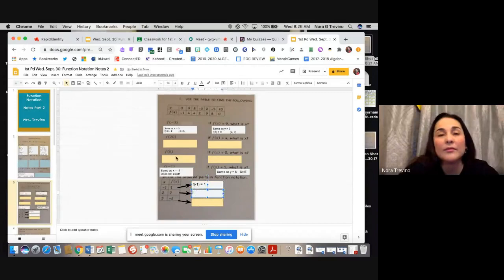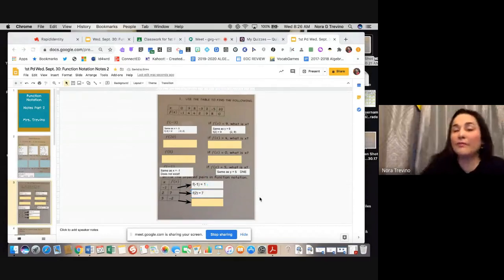And that's writing ordered pairs in function notation. Here you would write f of who? 2. Equals? 7. There you go. That's writing ordered pairs in function notation. Questions there?